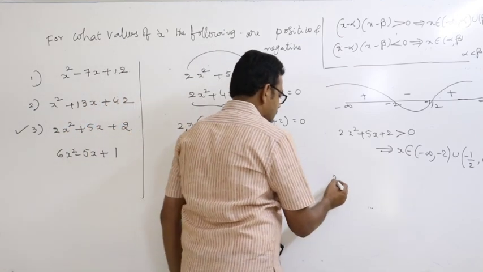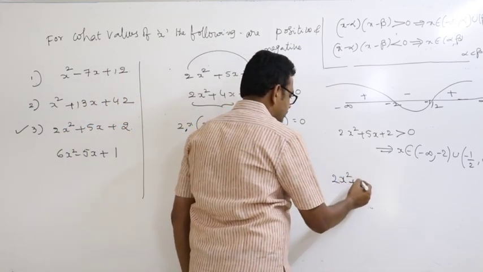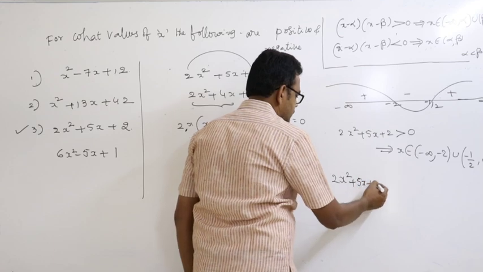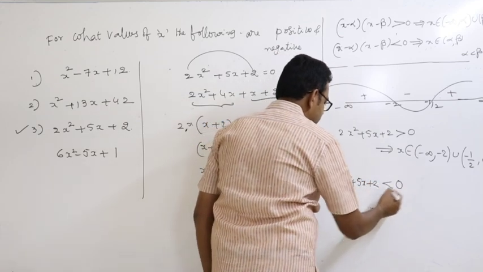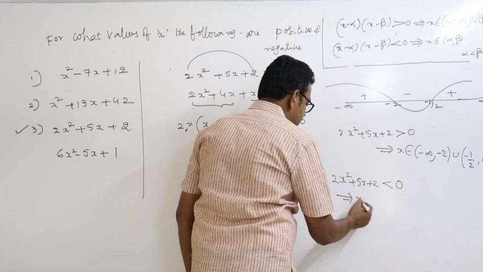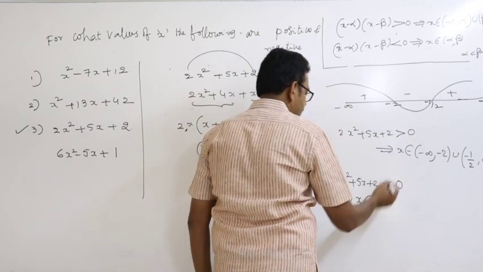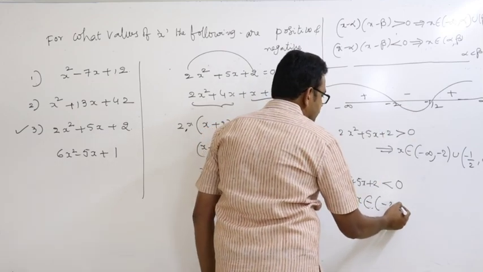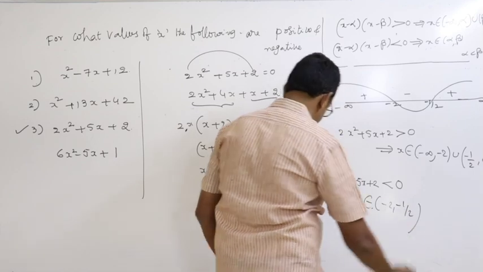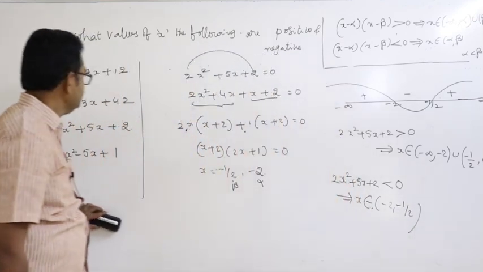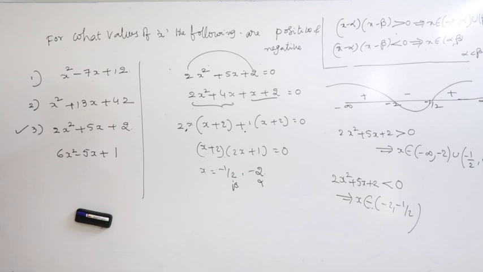What about next one? 2x square plus 5x plus 2 is less than 0 implies x belongs to what? You see this one, minus 2 comma minus 1 by 2. Now, these three problems you try.